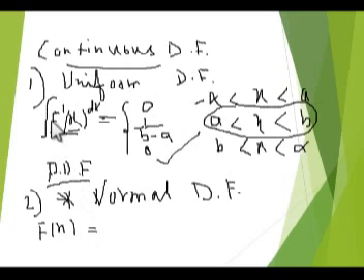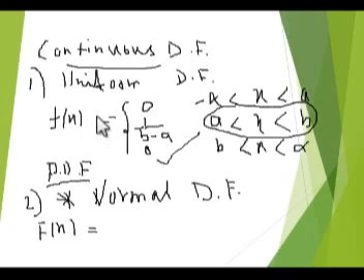Here I have made one mistake, sorry for this. This is the probability density function, so I am erasing and rewriting it. It's not the distribution function; there is a difference and you will have to mark it. I am writing here now the probability density function, not the distribution function.